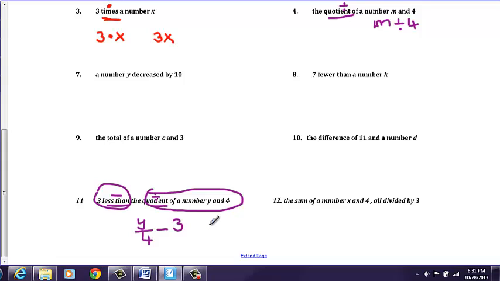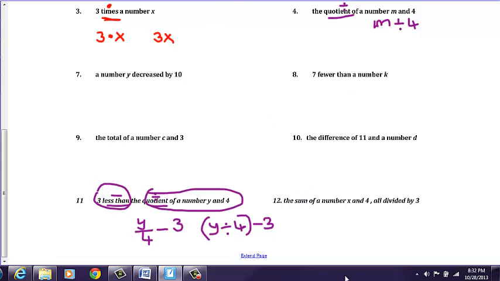I could also write this as y divided by 4, and I'm going to put this in parentheses because this phrase went together, and then I'm going to take away the 3 from it. So do you see that you could either do it this way or you could also do it this way? Let's try number 12.